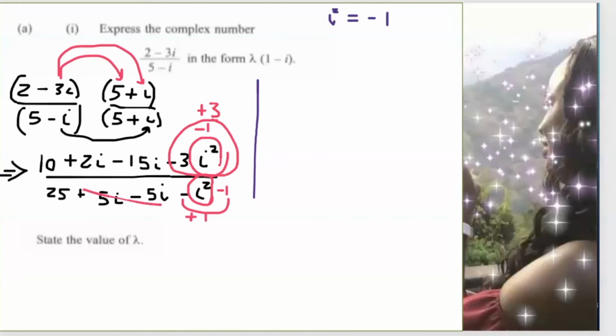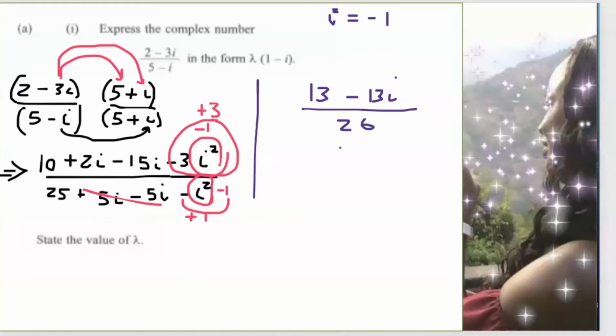So what do I have? In my numerator, add the real parts, so the 10 plus the 3 is 13. Then we have 2i minus 15i, that's minus 13i. In the denominator, we have 25 plus 1, so that gives me 26.